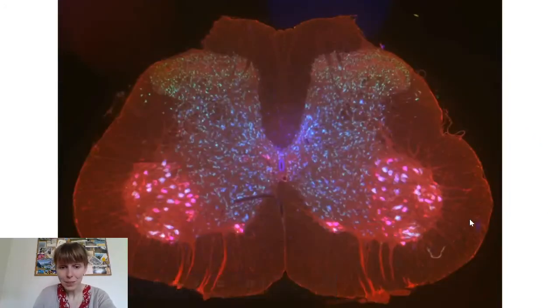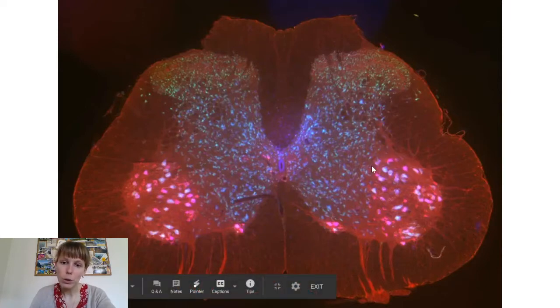So this is what the spinal cord would look like with fluorescent staining, and the motoneurons are this group of cells, really big neurons sitting in the anterior horns of the gray matter of the spinal cord. This is the central canal.